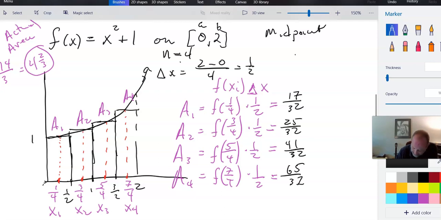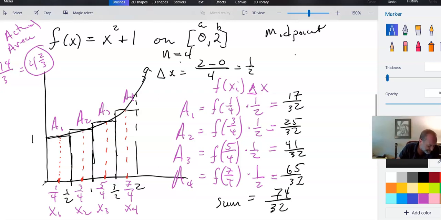And if you add all those up, it comes out to 148/32, or excuse me, 74/32. Sorry, I can't read my own notes.